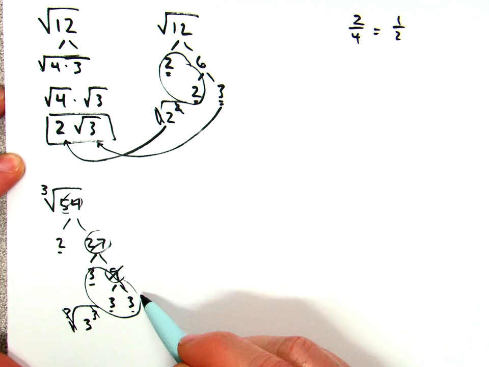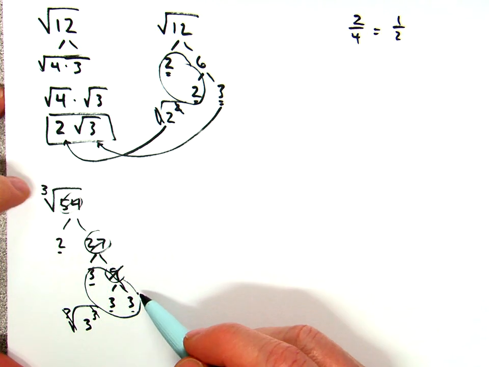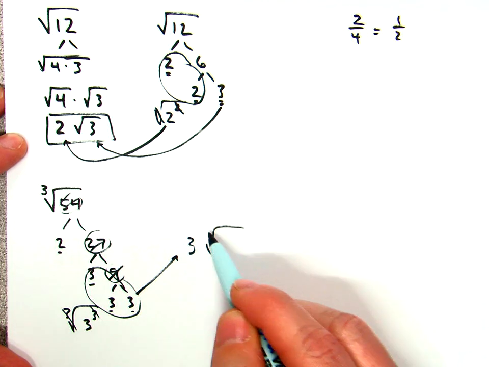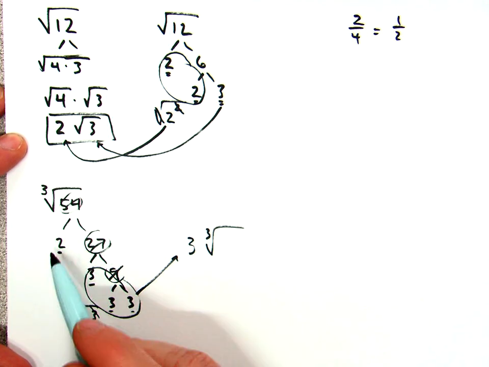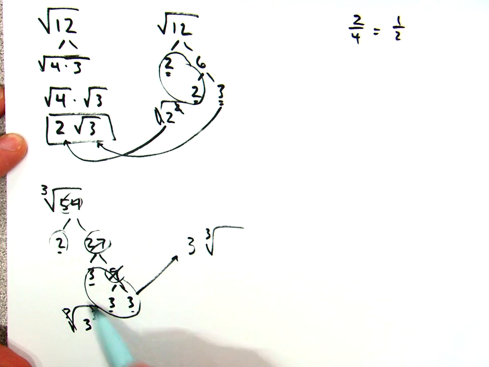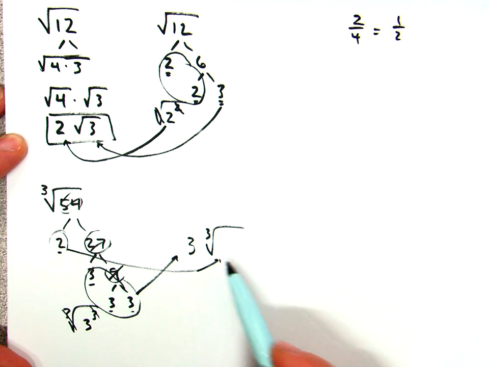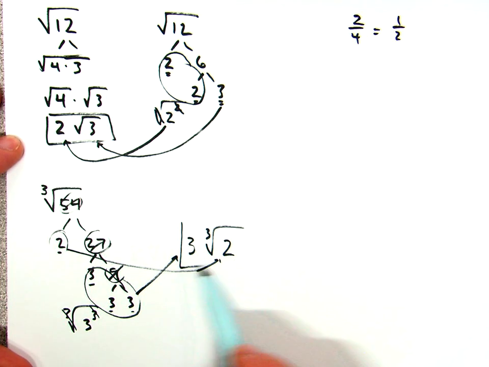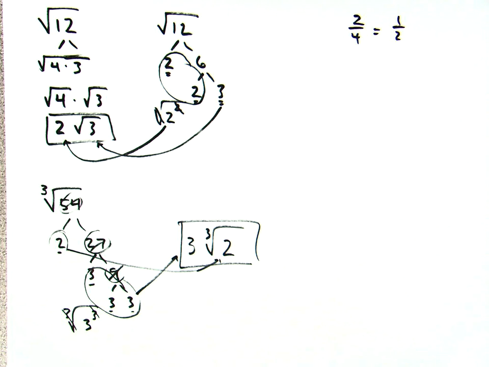So like I was saying, if we have 3 of the same number, because it's a cube root, we can pull 1 3 outside the root. But any value that doesn't have a triplet would stay underneath the root. So this 2 here is going to stay underneath the root. Remember, it's a cube root, not a square root. And there we go. We've reduced it down.